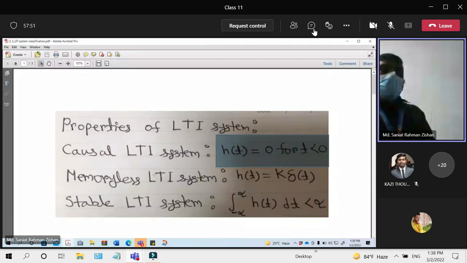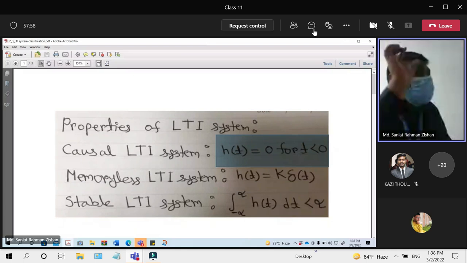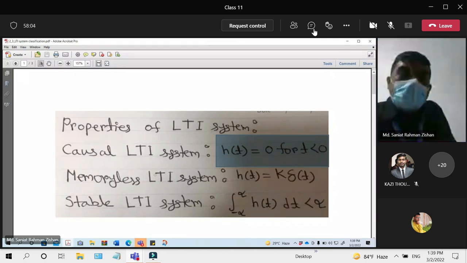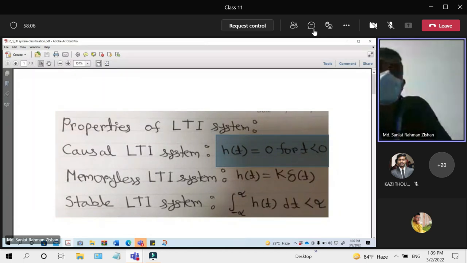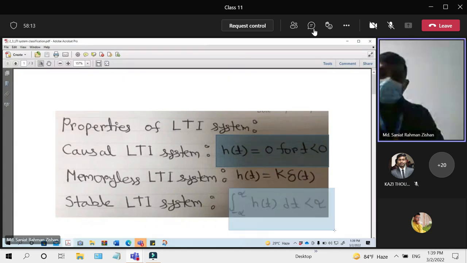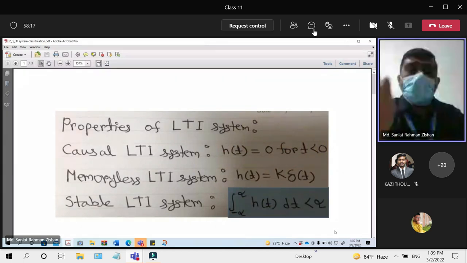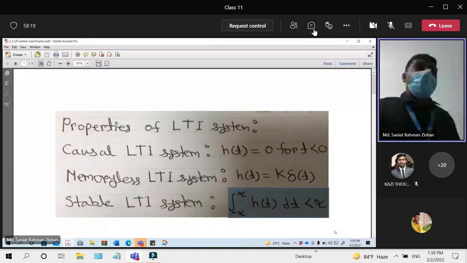What is memoryless system? If h(t) equals kδ(t), that will be memoryless. If system is given in terms of only kδ(t), then the system will be memoryless. What is the stable LTI system? Integrate the value of h(t). If the result is less than infinity, that means if the result is a finite value, then the system will be stable.